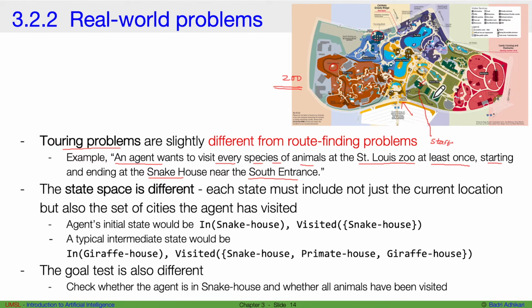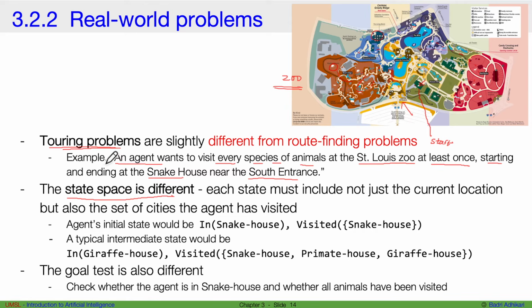And we want to visit every possible species of animals at the zoo, and then come back to the snake house. Problems like these are known as touring problems. Although this may look very similar to route finding problems, these are different. The state space is different for touring problems.